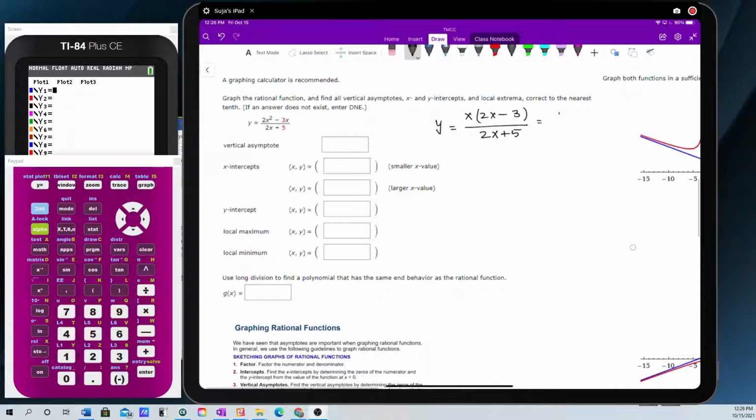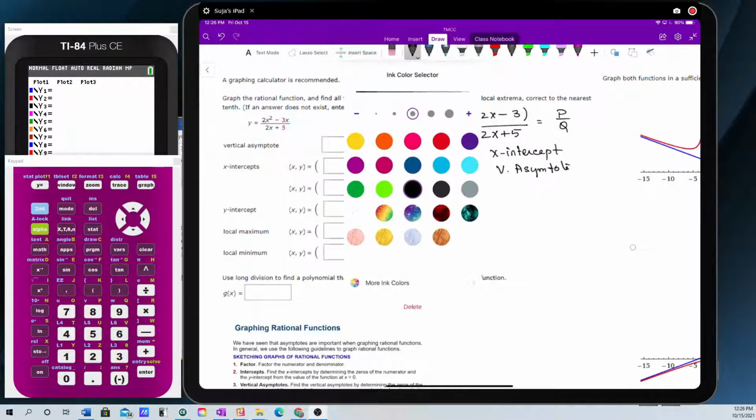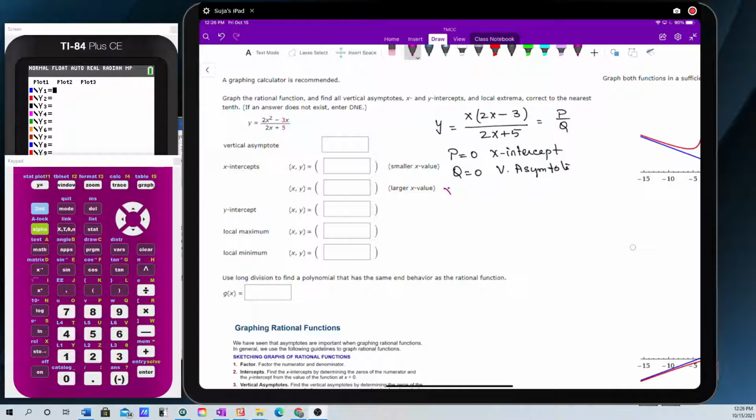Again, this is of the form p over q. The p in the numerator equal to 0 gives me my x-intercept. Q equal to 0 will give me my vertical asymptote. So first, to find the x-intercept, I would take x times 2x minus 3 equal to 0.